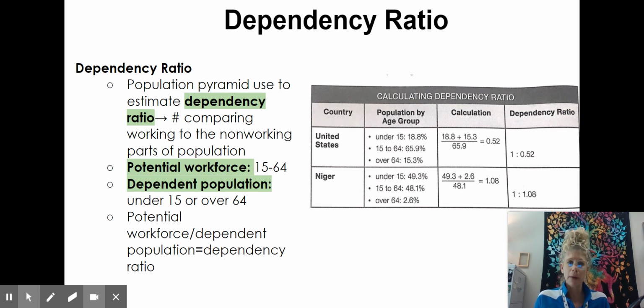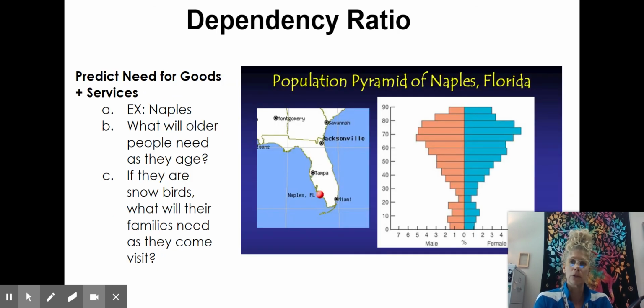That's your dependent population. Okay, so you guys are like dependents on your parents until you reach like 17 or 18 years old. Okay, and then the reason that all this is so important is the potential workforce divided by the dependent workforce, again, gives geographers an idea of how places need to plan for the elderly.